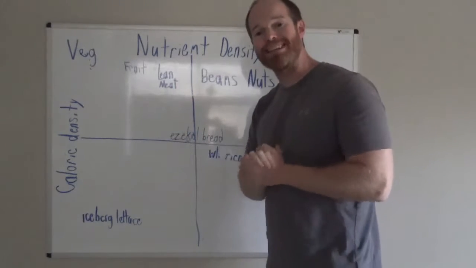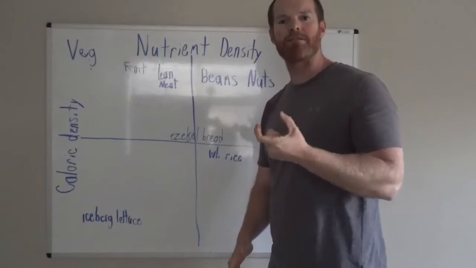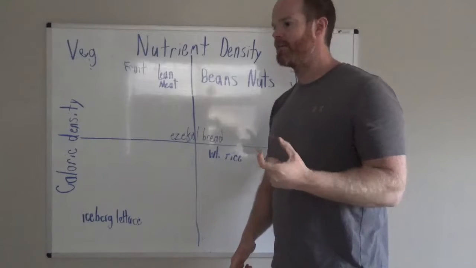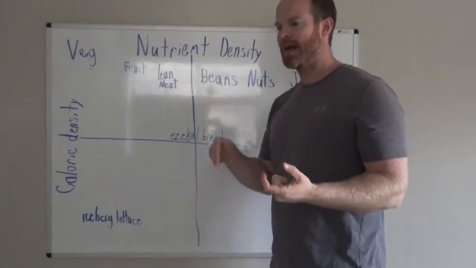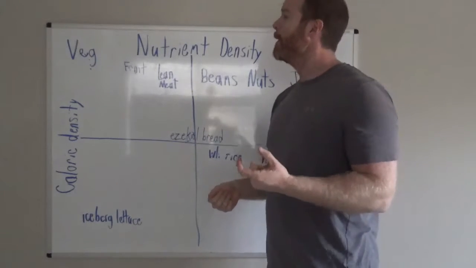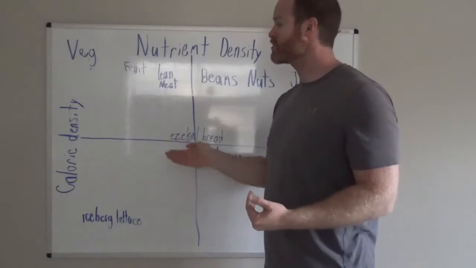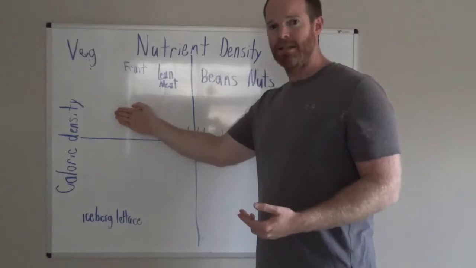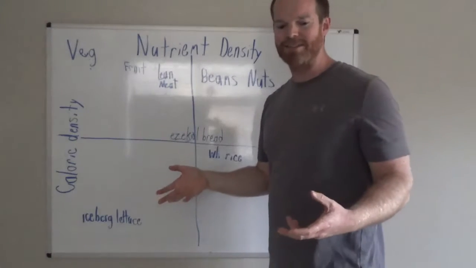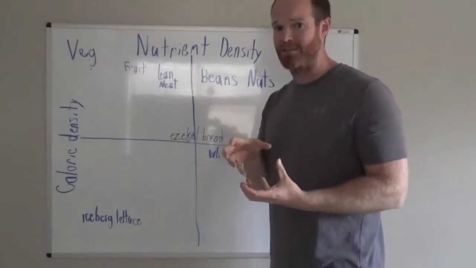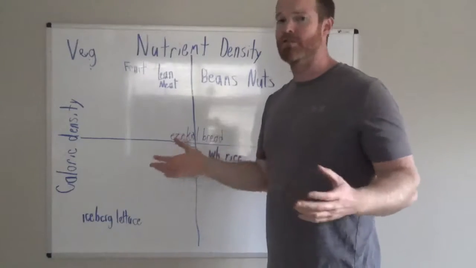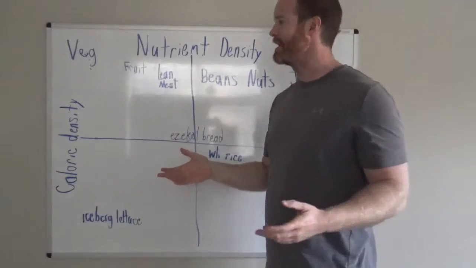Here's a prime example. A lot of people don't want to eat carrots because carrots are kind of sugary, kind of a higher glycemic index sort of thing. But carrots are fine because they're such low caloric density. If you want to eat 100 calories of carrots, that is a bag of carrots. That's a lot of carrots. It's unlikely you're eating that many.